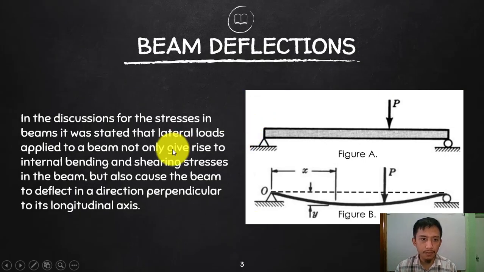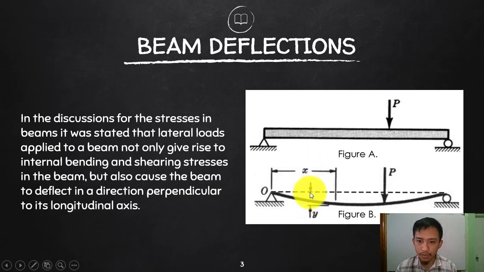If you will try to recall, as I've mentioned on the previous modules, using your moment diagram you can actually predict the shape of the deflection, or the deformed shape, of the beam. The deflection is the distance from the original orientation of the beam to the deformed shape of the beam at a certain location.